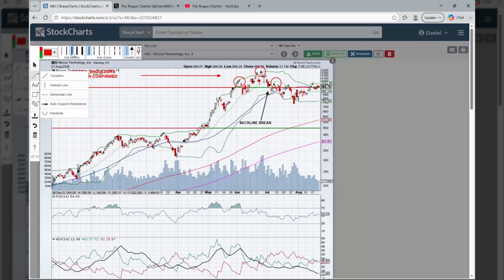So we got that, creating the flagpole. Go another one there, and another one there.